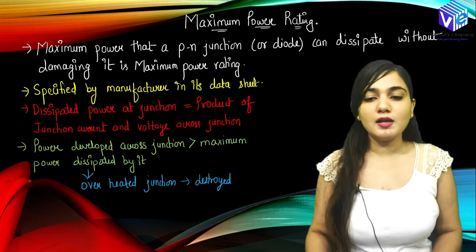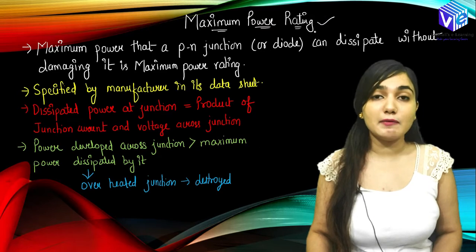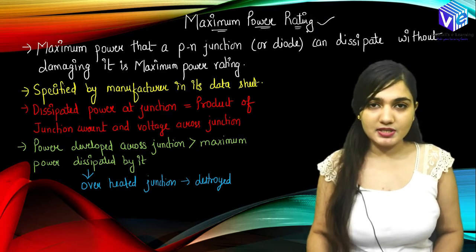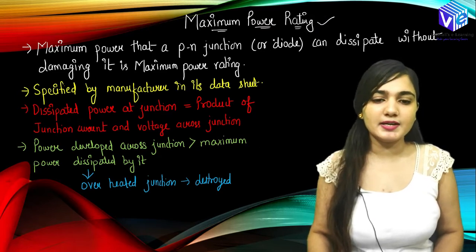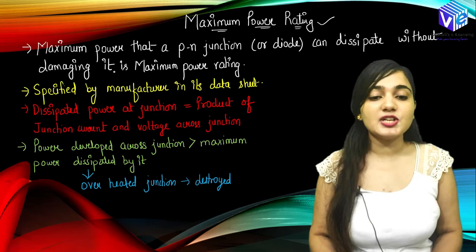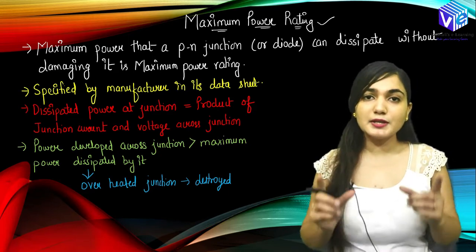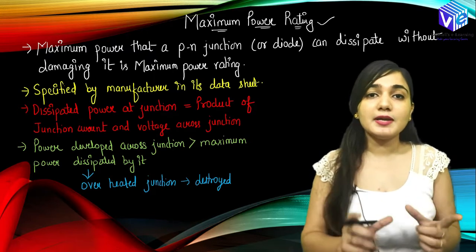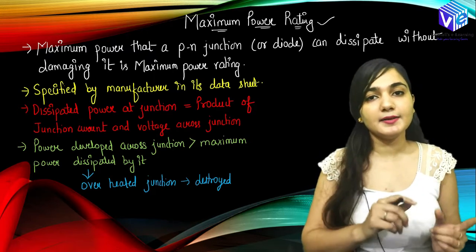Right, so first of all, coming to the maximum power rating. As the name suggests, it is the maximum power that a PN junction can dissipate without damaging it. We can use the PN junction and dissipate some power at the junction.